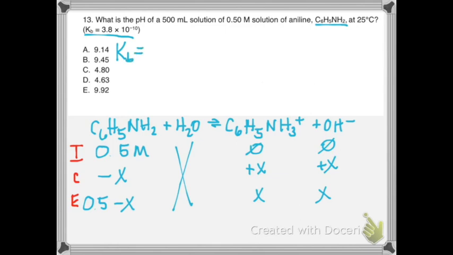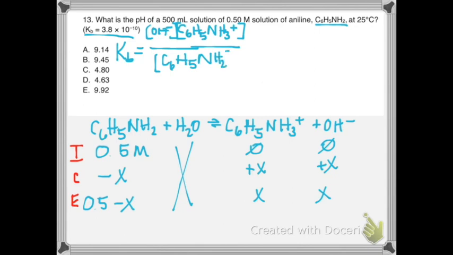So Kb is going to be equal to the concentration of OH minus times the concentration of the protonated aniline divided by the concentration of the aniline at equilibrium. So we know that this is 3.8 times 10 to the minus 10.